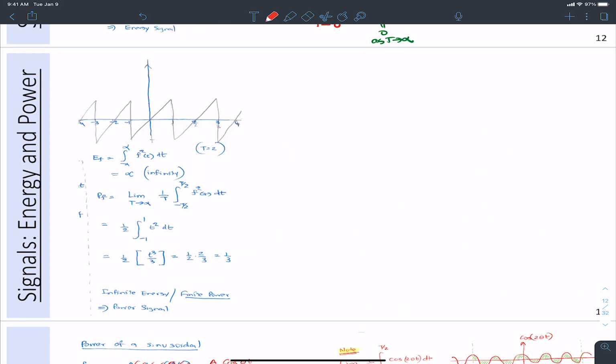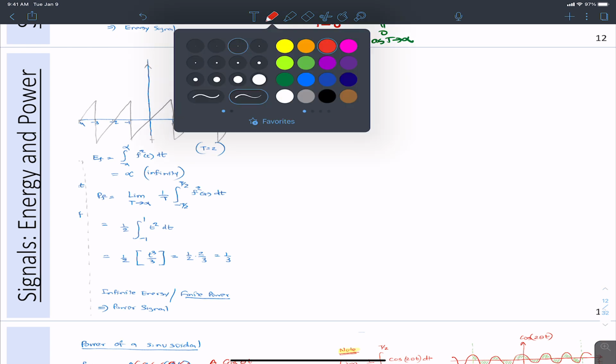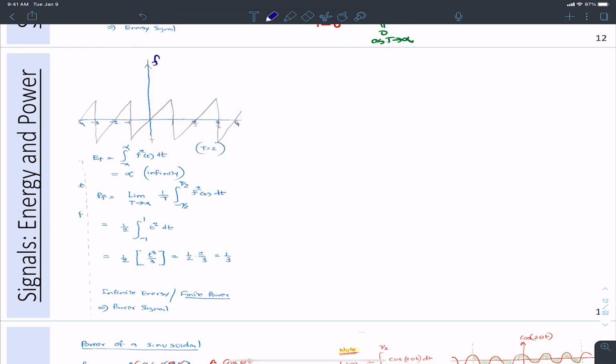Okay, now we are going to compute the energy and power of another signal shown here. This signal is a periodic signal, and unlike sine, there's no closed form way to write this signal like sine t or cos t, but the picture tells the nature of the signal.